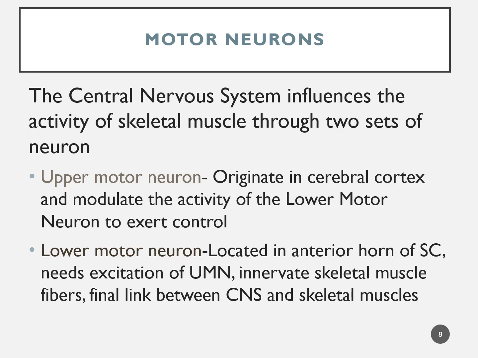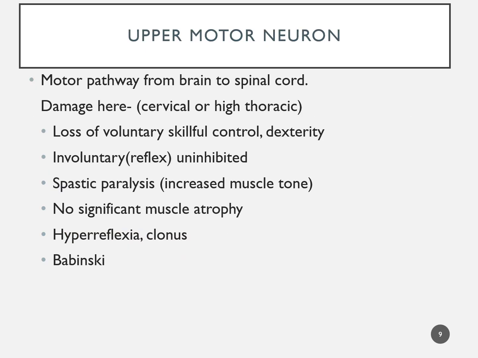That originates up in our cerebral cortex, and it does modulate the activity of our lower motor neurons. Our lower motor neurons are in our anterior horn of the spinal cord, and they need to be excited by those upper motor neurons. So both are important.